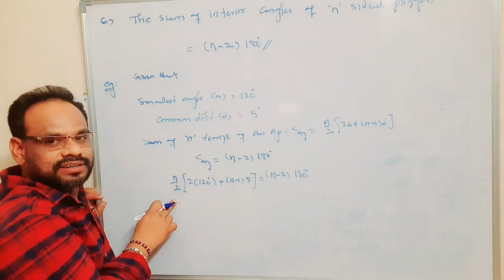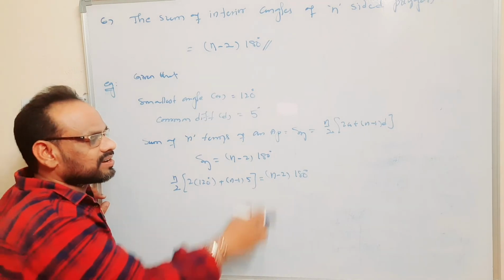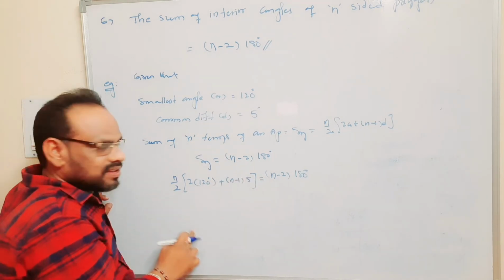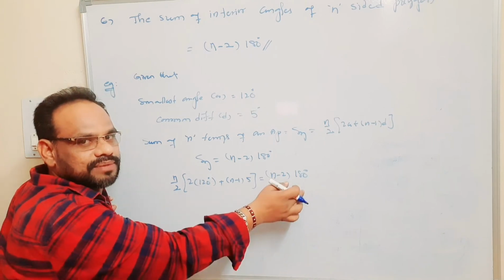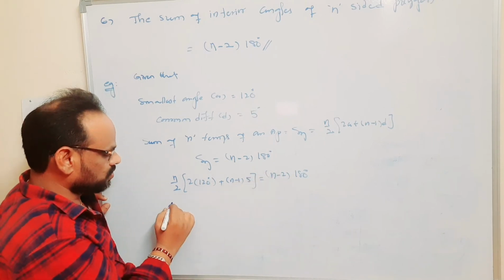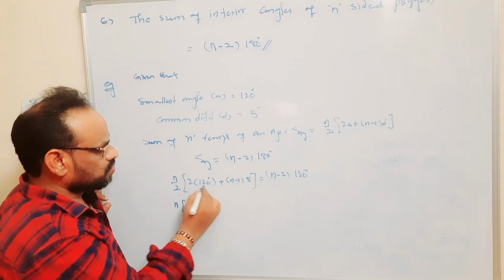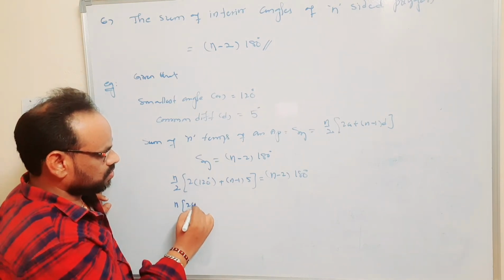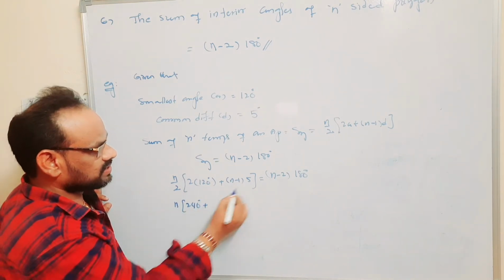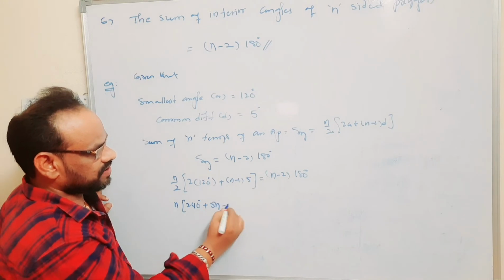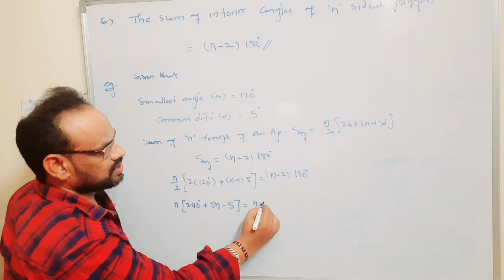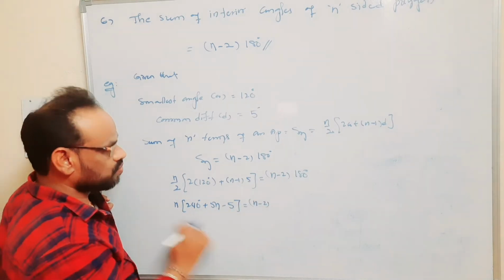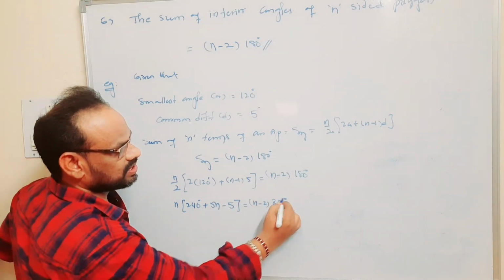If you send 2 from LHS to RHS, which is a division quantity, it becomes a multiplication quantity. So n into 2 times 120, that is 240 degrees, plus 5n minus 5 into 1, minus 5, is equal to n minus 2 into 2 times 180, which is 360.